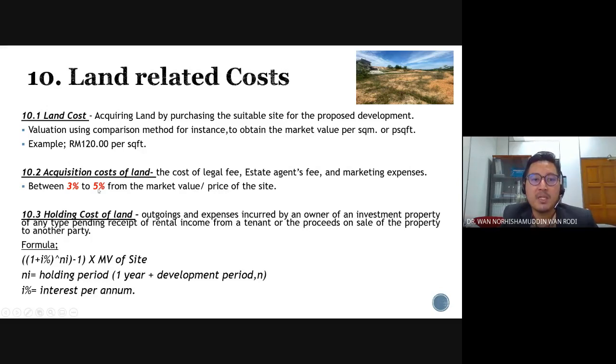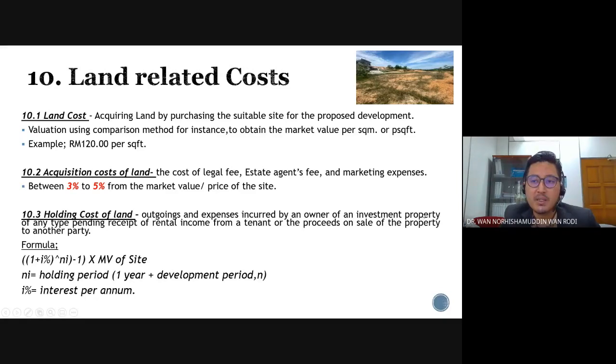Okay, last but not least, they need to allocate the holding cost of land. Holding cost of land is the cost involved when the developer holds the land prior to the construction of the project. For example, the costs involved are outgoings, taxes, expenses, insurance, quit rent, and etc. These are outgoings or expenses incurred by an owner of an investment property.